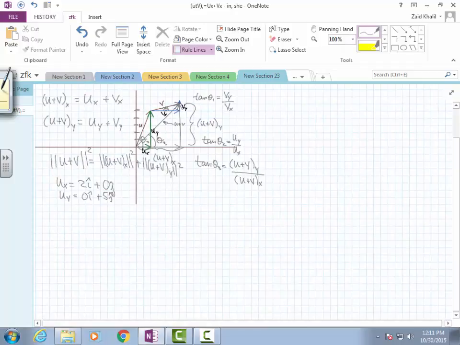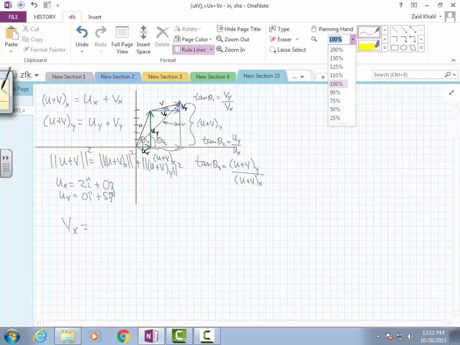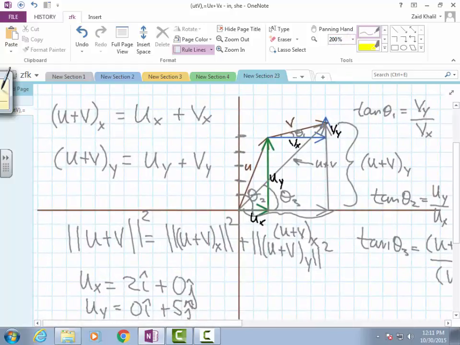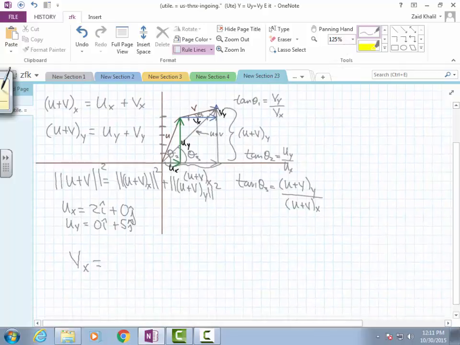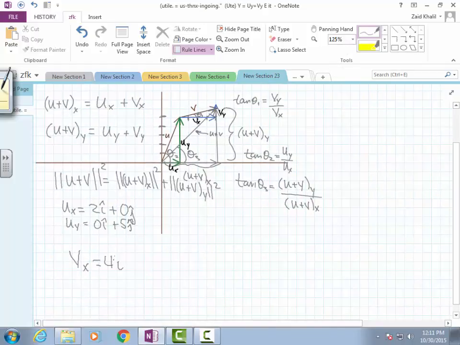Okay. And then what's Vx? Let me zoom in again. It's 1, 2, 3, 4. 4i hat plus 0j hat. And then Vy is plus 1j hat. And so it's pretty straightforward.